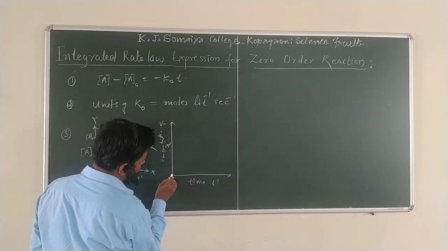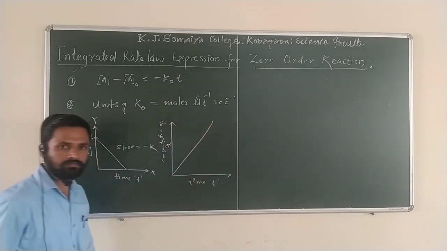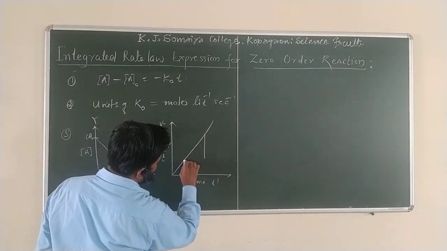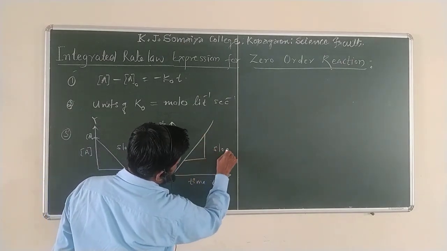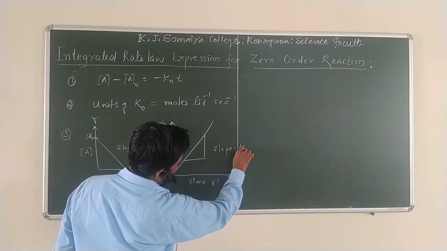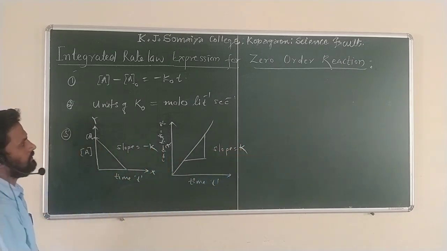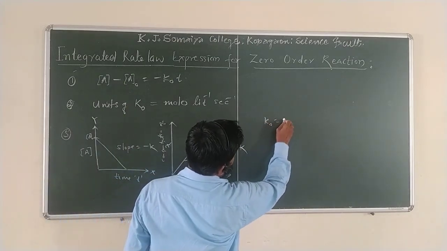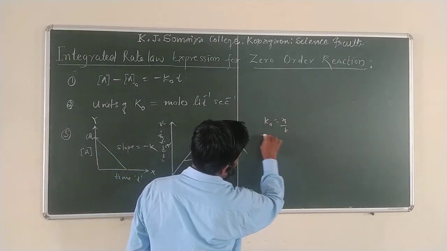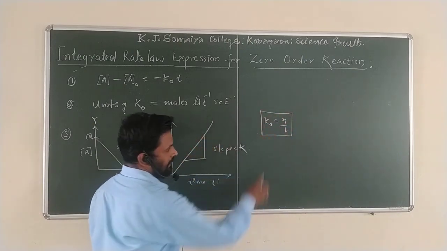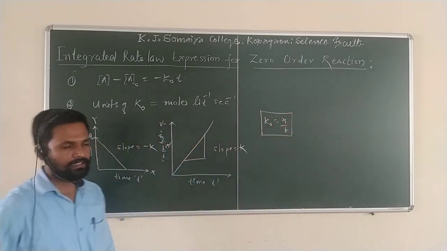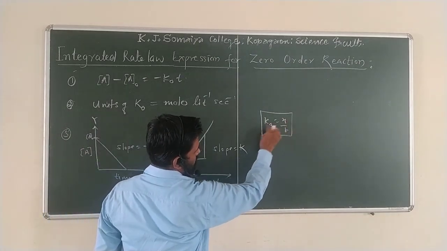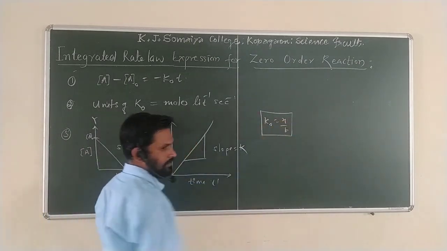You will get the graph passing through the origin, and the slope is equal to positive k, because already we have the equation: k0 equal to x upon t. What it indicates is that x is directly proportional to the concentration of the product. Here x is nothing but the product concentration.